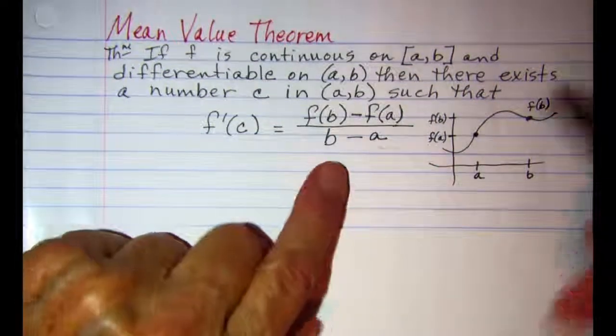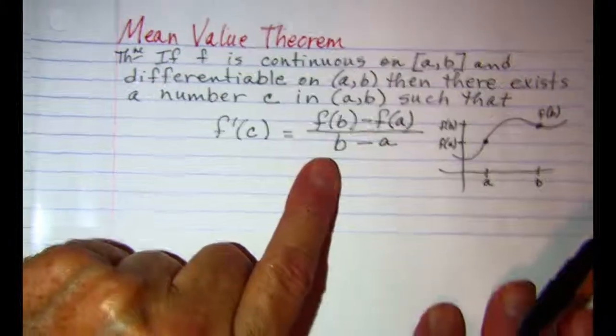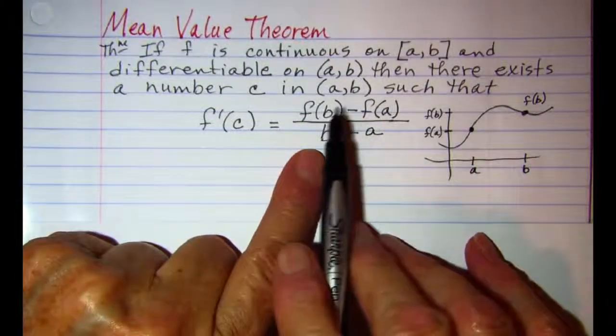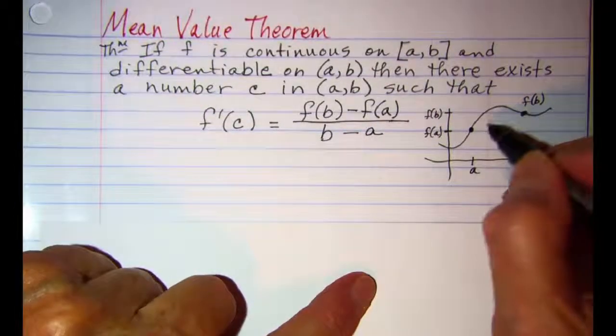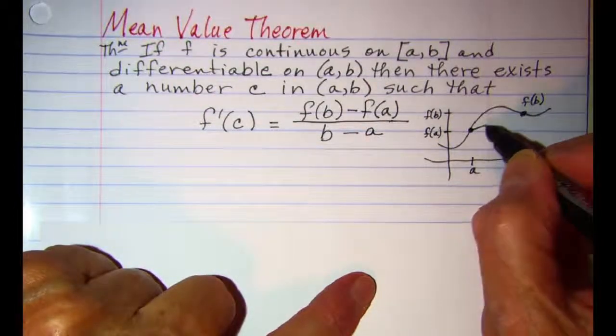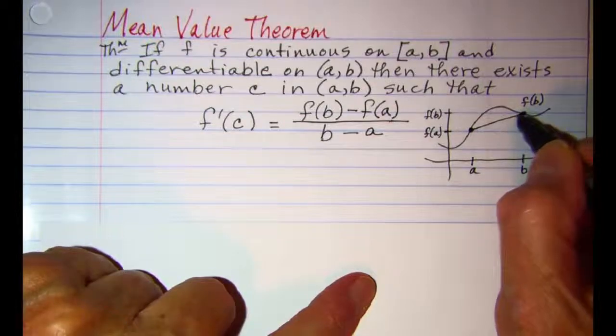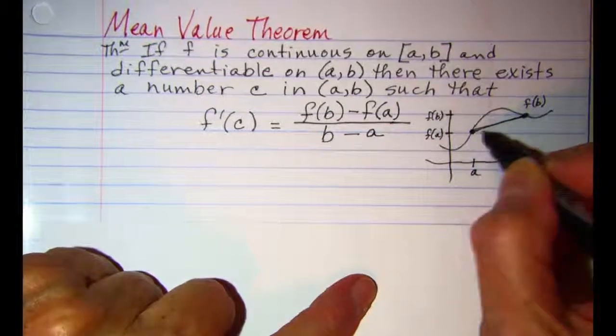So this side of the equation is basically just talking about the slope of this secant line that connects these 2 points.